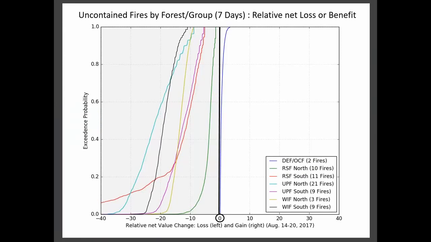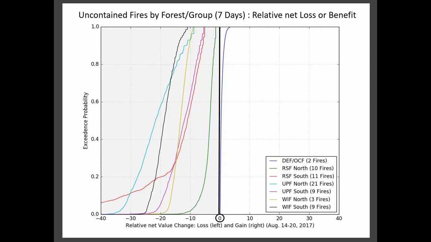So if you look down in the lower right for the key, the Chutes in the Ochoco National Forest had 2 fires, and over the next 7 days, based on what they were burning in and the FS Pro runs, it would indicate that there would be a benefit to the fires burning in that area. RSF is the Rogue River Siskiyou, and they had 10 fires to the north, and then they had 10 fires to the south.